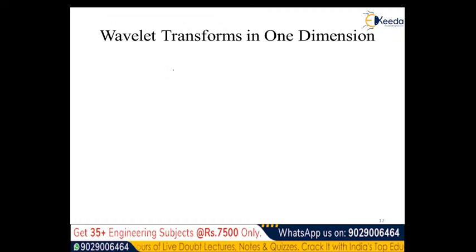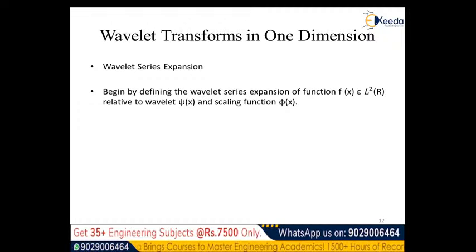We shall deal with the mathematical expression for that representation. For the wavelet series expansion, we begin with the definition for the function that we usually denote f of x, belonging to the domain L square of capital R, relative to the wavelet function denoted psi of x and another scaling function phi of x.